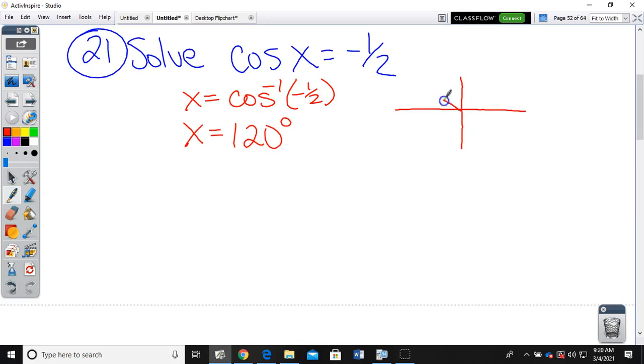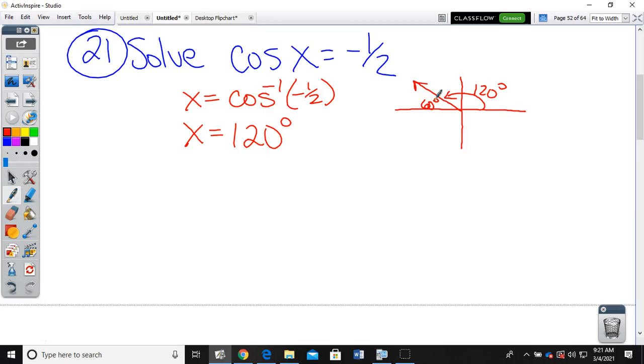It's in quadrant 2. So there's 120 degrees. What do I need to find from that? What's it called? Starts with an R. Not radius. What'd you say? Reference angle. What would my reference angle be? 60. 60 degrees right there.